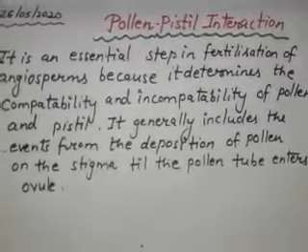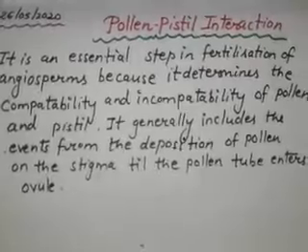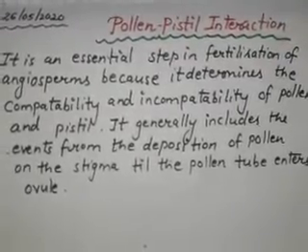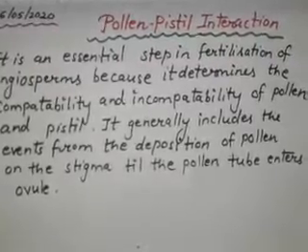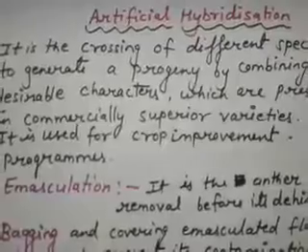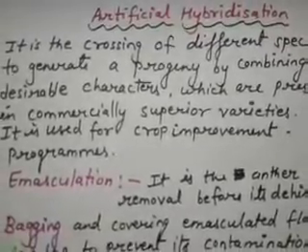It generally includes the events from the deposition of pollen on the stigma till the pollen tube enters into the ovule.